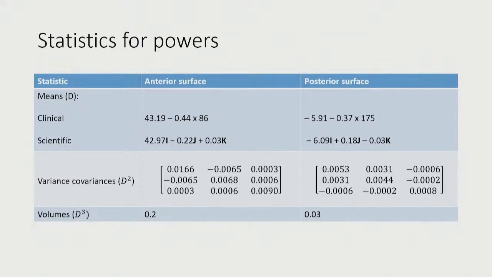So now, based on those measurements that we did, using the scientific way, we are able to see how much the eye is changing, both in the front surface and on the posterior surface. There are so many changes happening on the front than on the posterior surface, at the back surface, where the homeostasis is better.